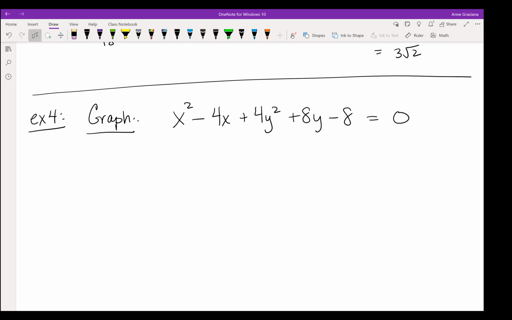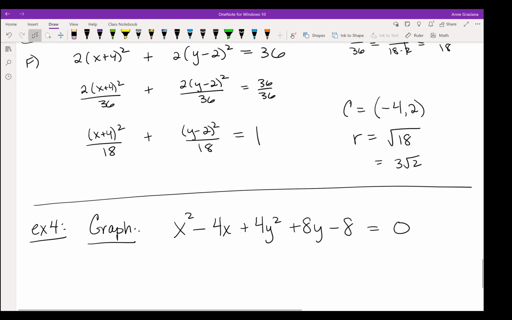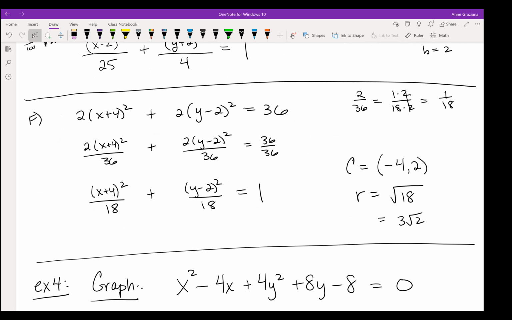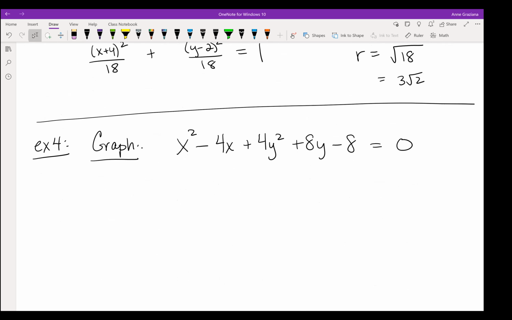Just like with the parabola, see how we got stuff squared? Remember when we had to complete the square to get it in vertex form? We've got to do that again to get it in ellipse or circle form, okay? Only I have 2 complete the squares to do. I have one for the x squared guys and one for the y squared guys.